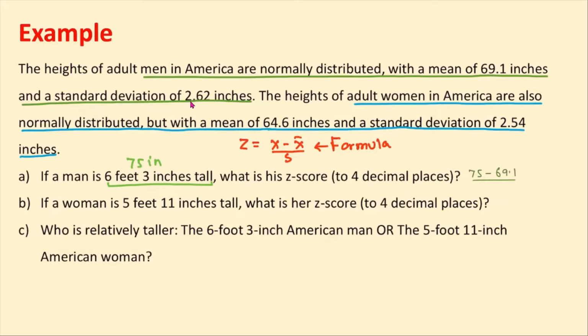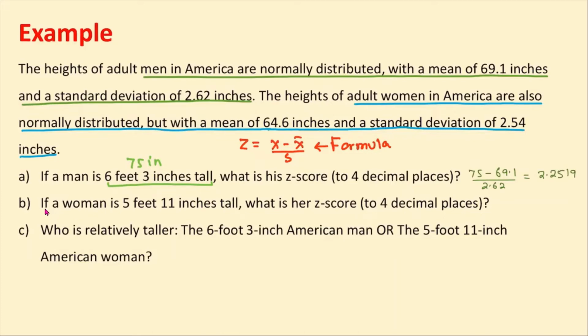For the men, standard deviation is 2.62. If we simplify this using a calculator, this must be 2.2519. So that is the z-score for the man whose height is 75 inches.